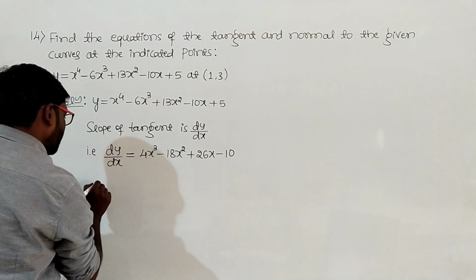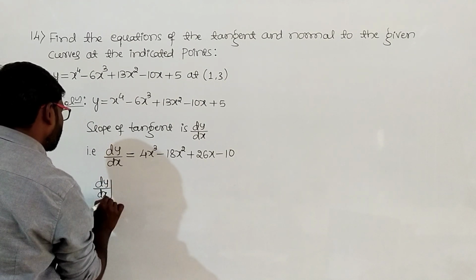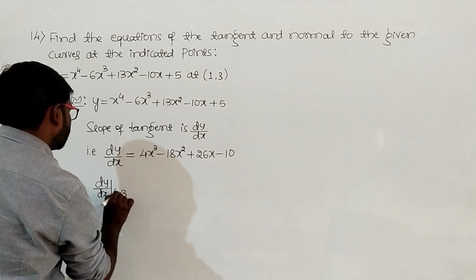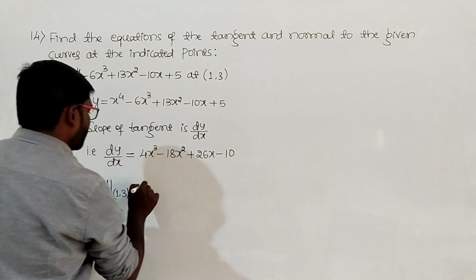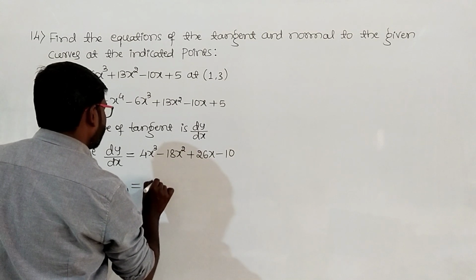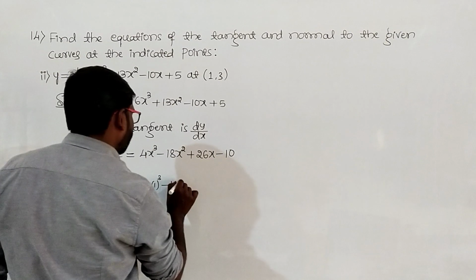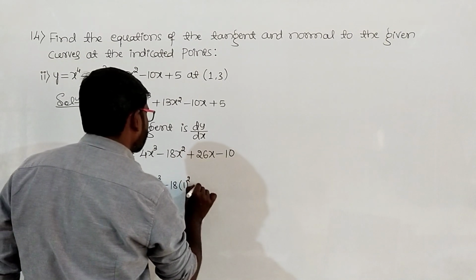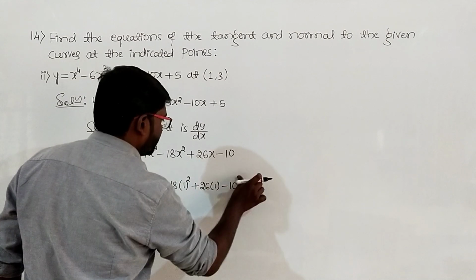So here dy by dx at (1, 3) equals 4 into 1 cube, minus 18 into 1 square, plus 26 into 1, minus 10.